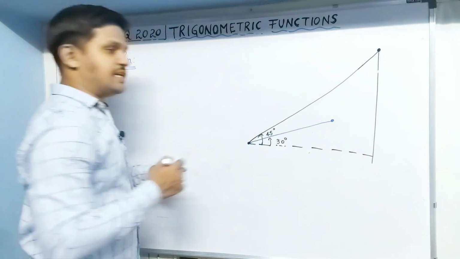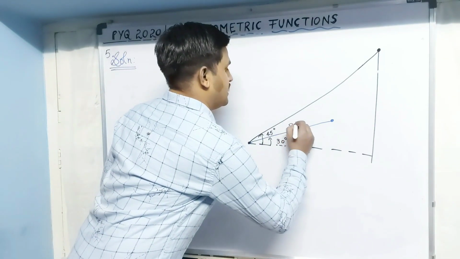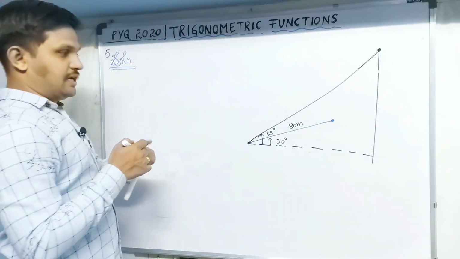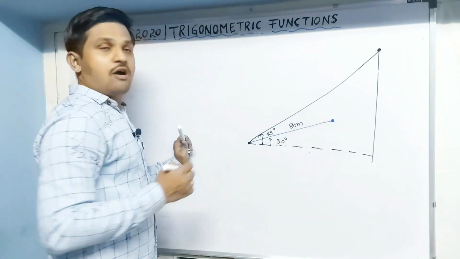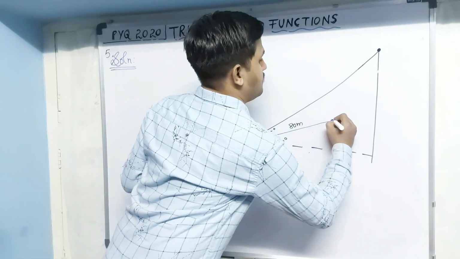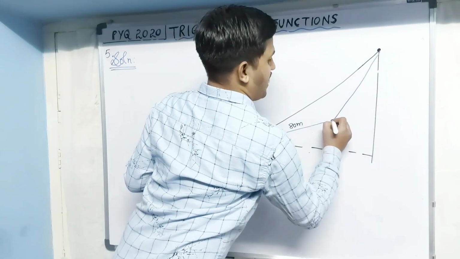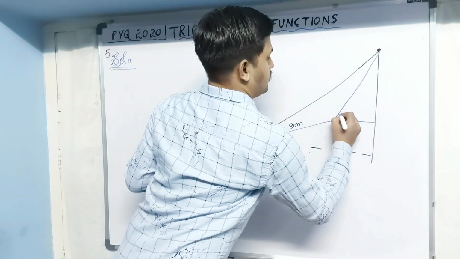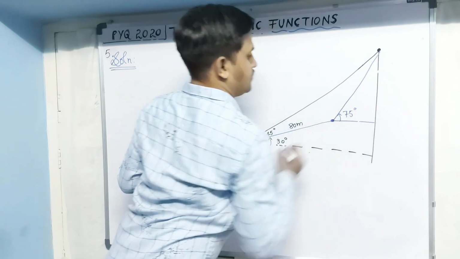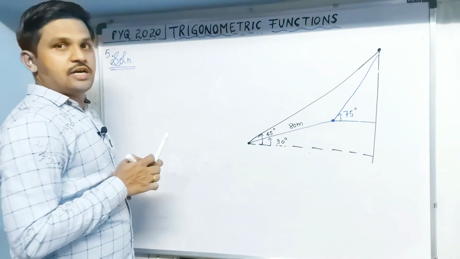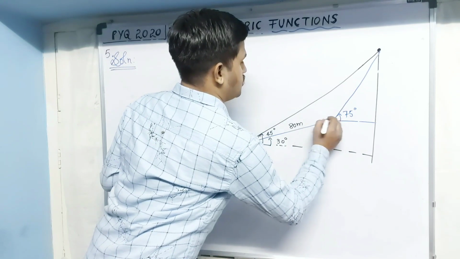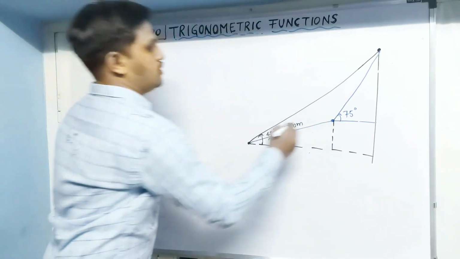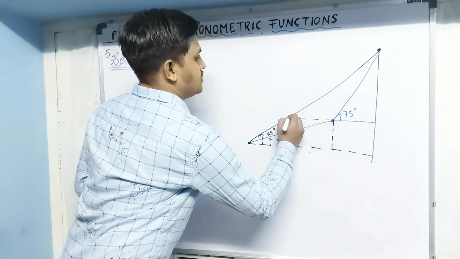The distance here is 80 meters. And at this point, the angle of elevation of the top of the hill becomes 75 degrees with respect to the horizontal plane. This is the given question, and you are supposed to find the height of the hill.